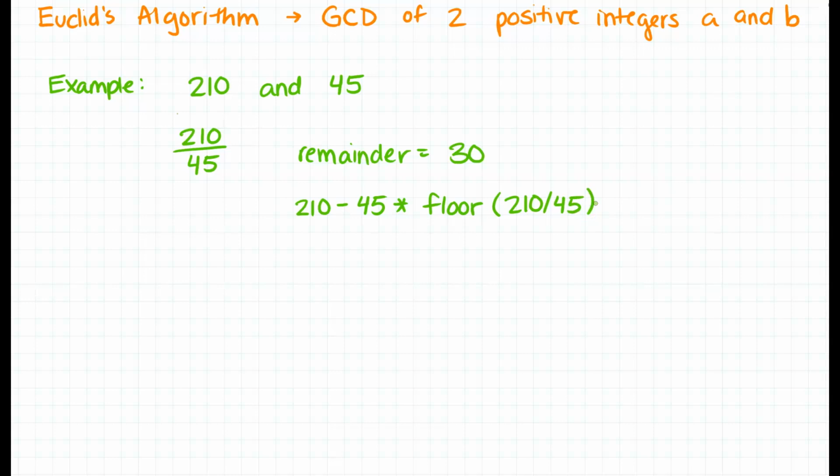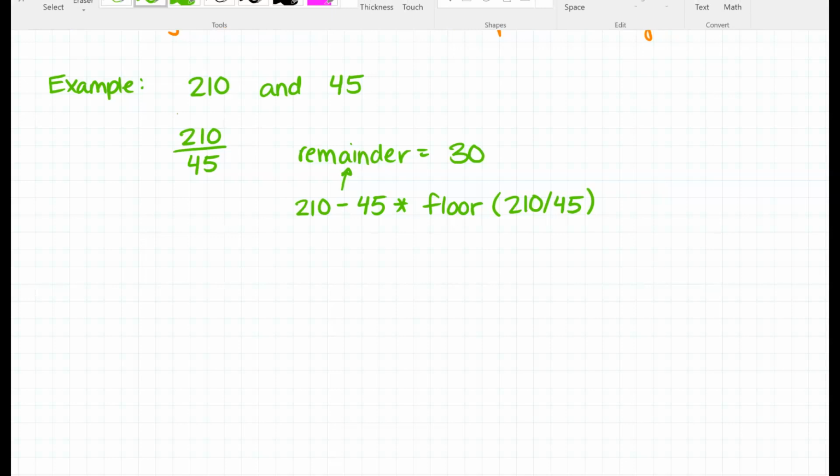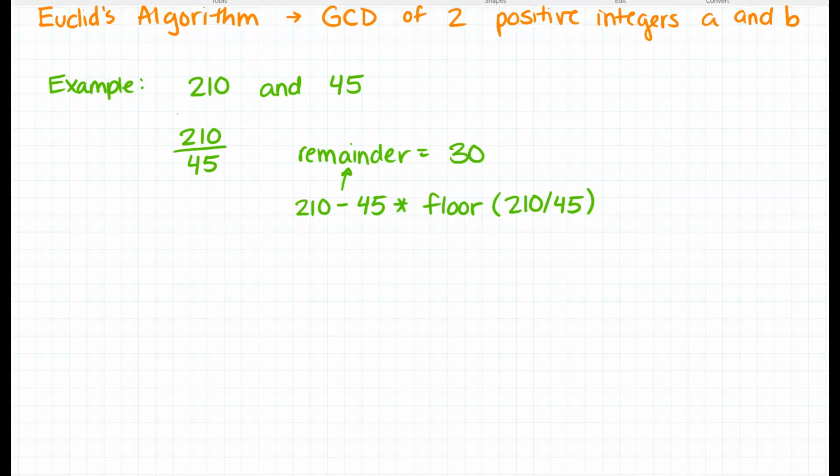So 210 minus 45 times 4 is how I found my remainder. So that remainder is 30. Is 30 equal to 0? No, it's not. So at this point, first I should have said here, a is equal to 210, b is equal to 45.